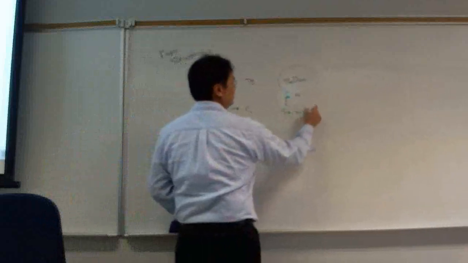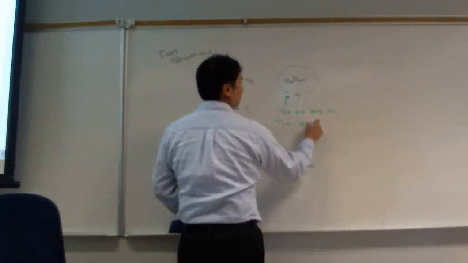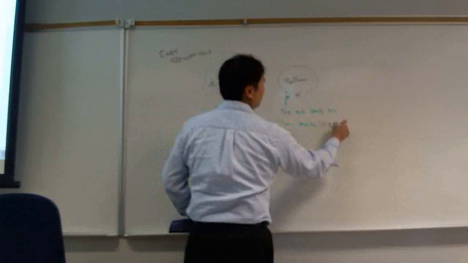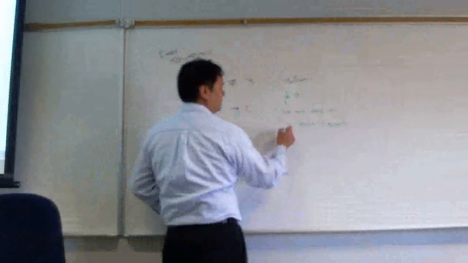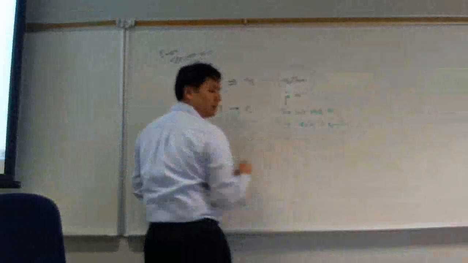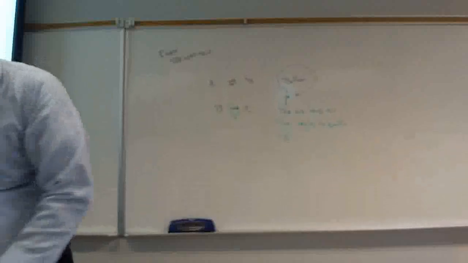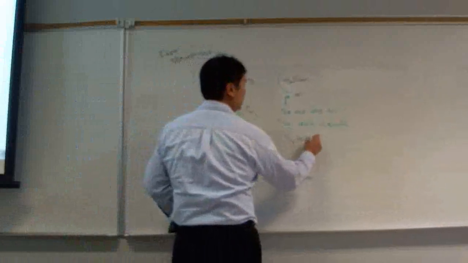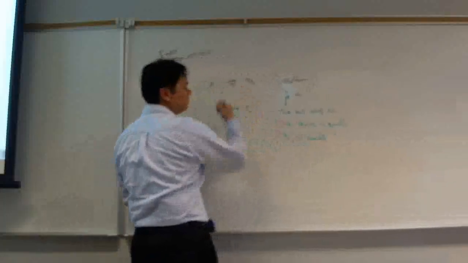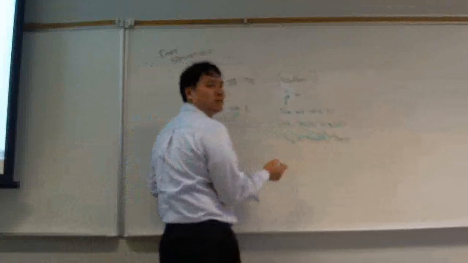So as long as the leak is small, that is, this would be K2, K2 is small relative to these, then it's reasonable.